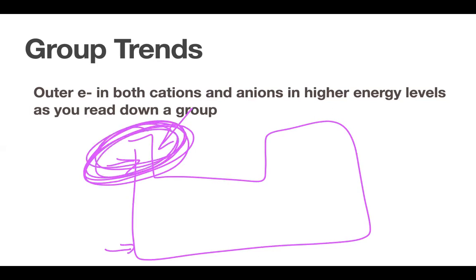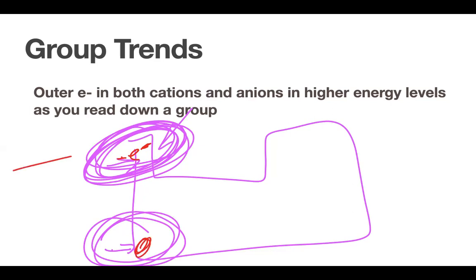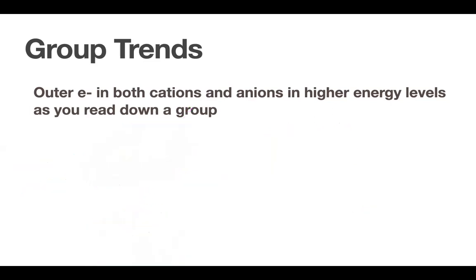These are all really close to the nucleus, and these are super far away. So if you remove an electron from here, it's going to decrease in size a lot, to a greater extent than the ones down here.